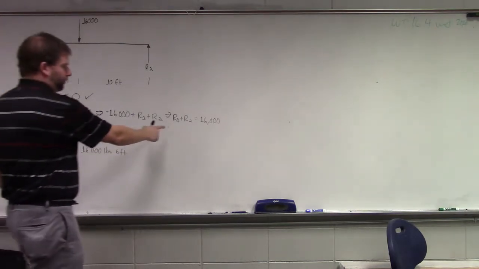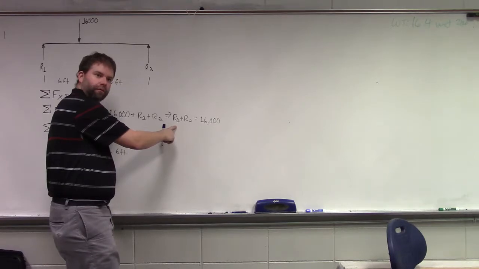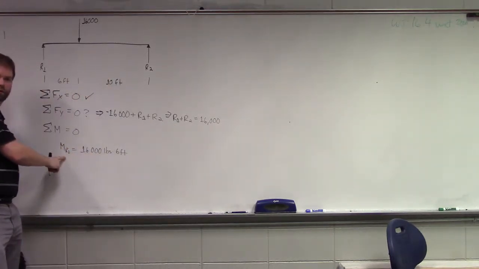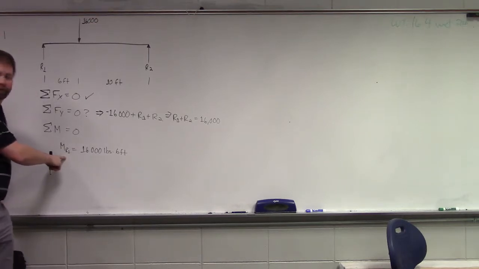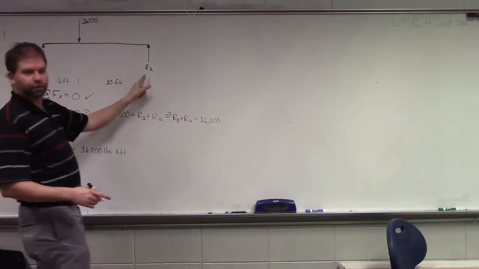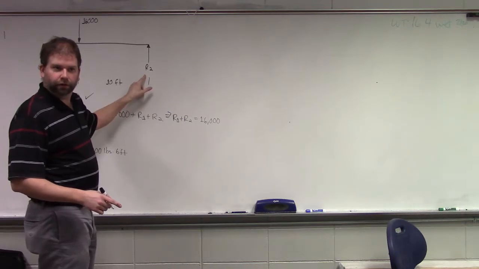Well, you have to use this to determine R1, right? If you do a moment about R1, because R1 travels through this point, you're not going to solve for it. If you want to solve for R1 first, you'd have to take your moments about R2. Does that make sense?